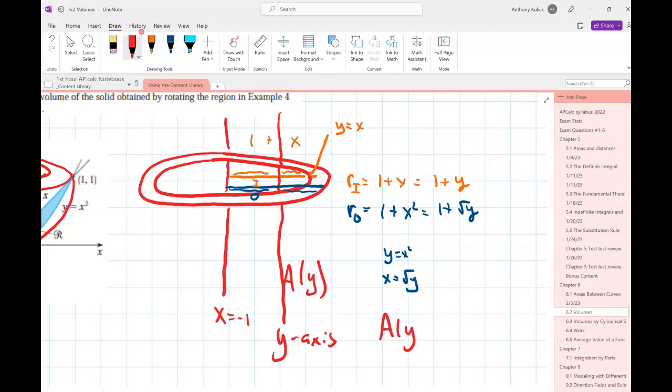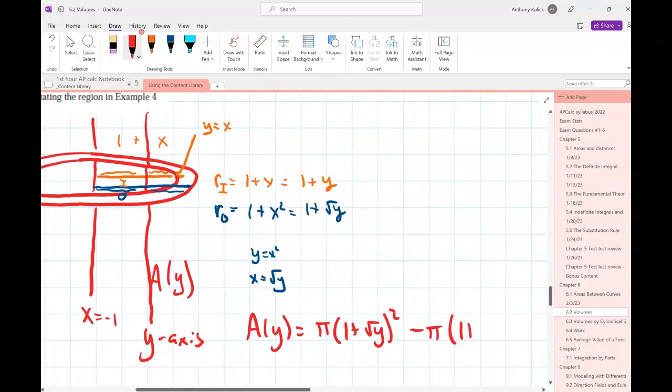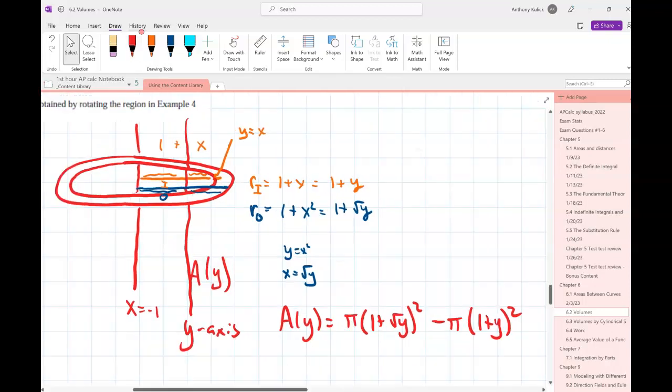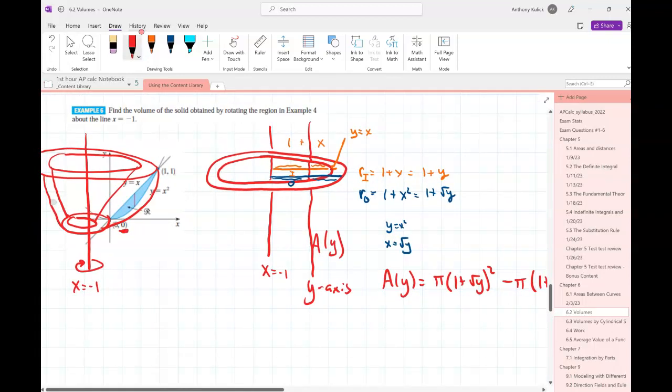So my area function with respect to y is going to be pi times the outer radius squared minus pi times the inner radius squared, integrating from y equals 0 to y equals 1.